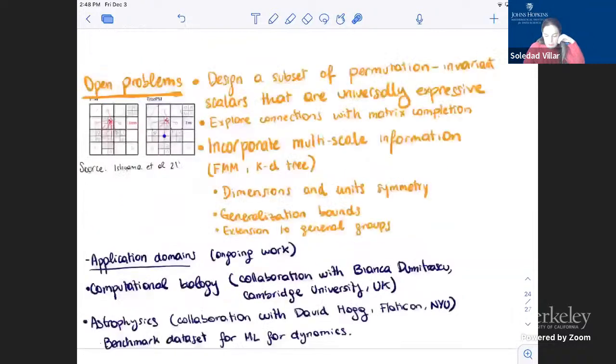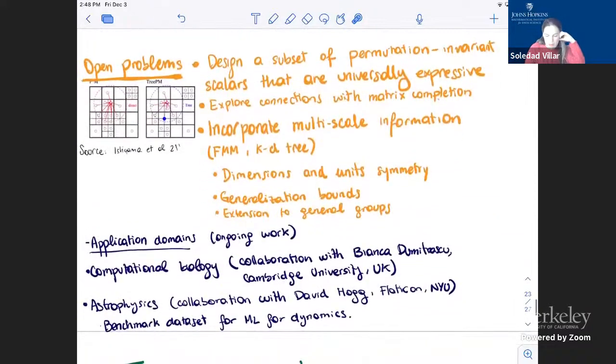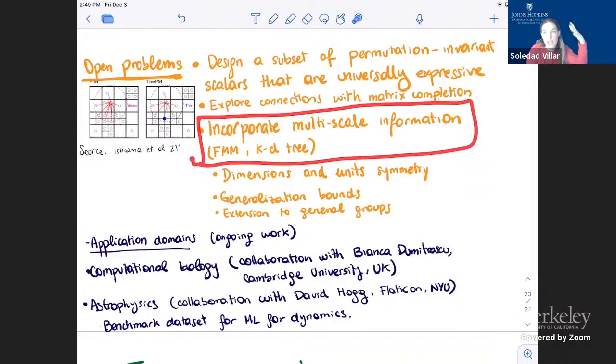And I guess some open problems that I'm interested in is something that I asked before during the talk of Max Welling, like including dimensions and unit symmetry with that equivariance. Would that be something interesting? And maybe something that I think is very interesting is incorporating multi-scale information.